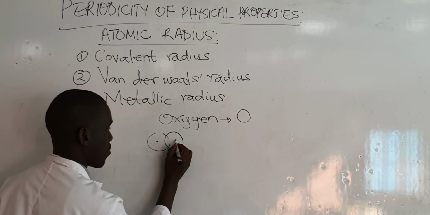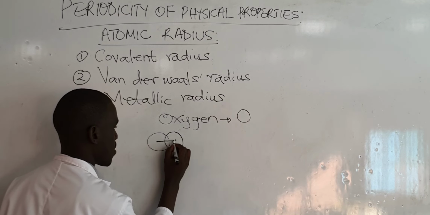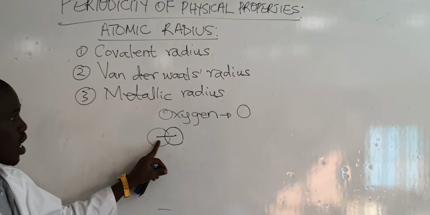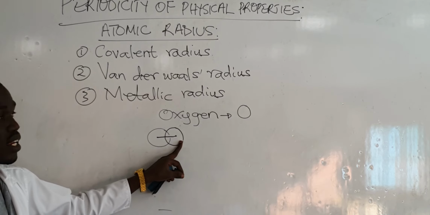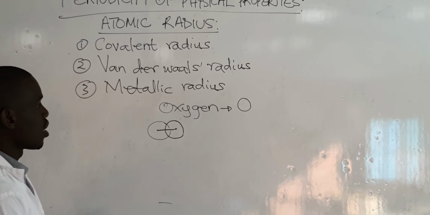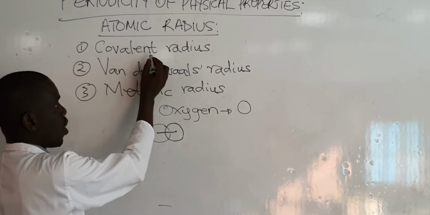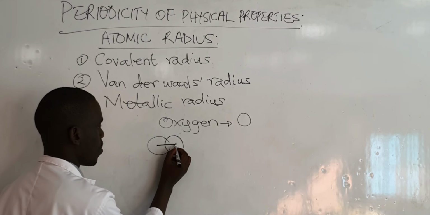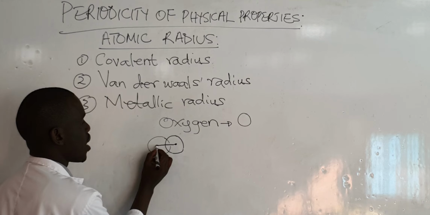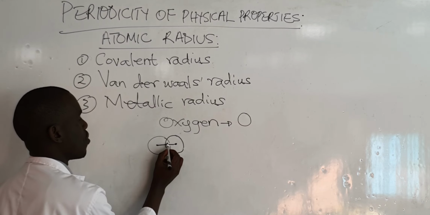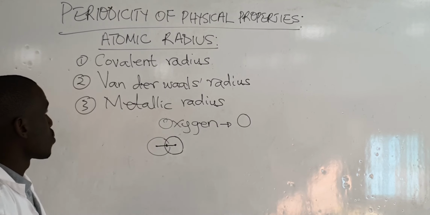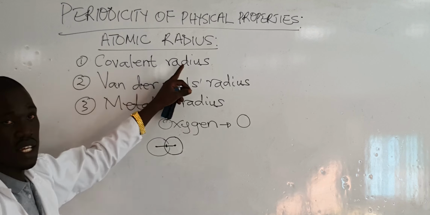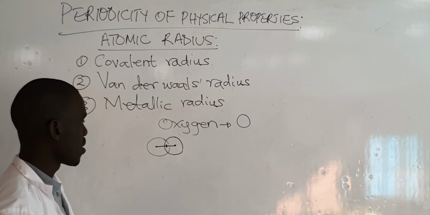The half internuclear distance of these two atoms, which are covalently bonded to each other, gives you what we call the covalent radius. So half of the distance from this nucleus to the other nucleus is what we call a covalent radius.